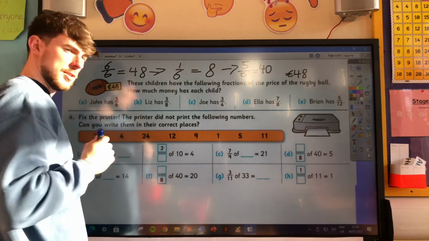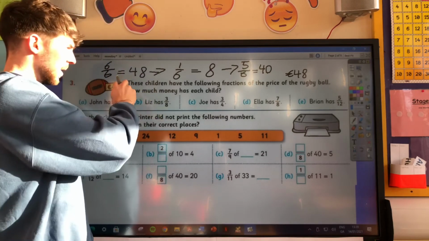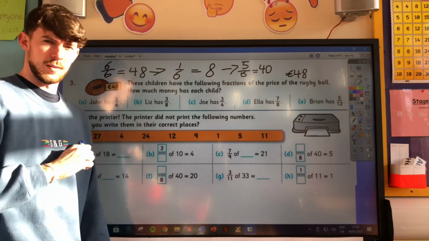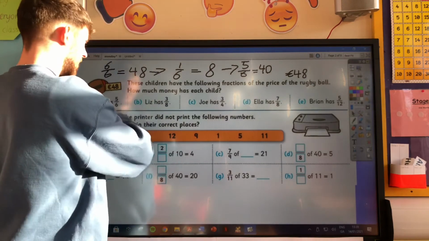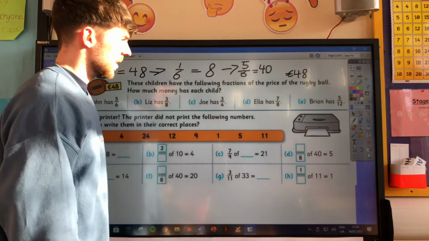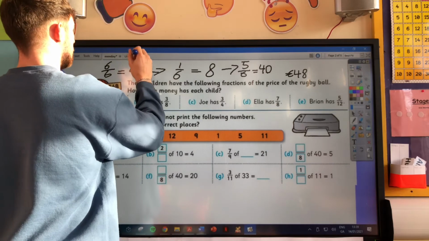So you're going to write this into your copy. John has 5/6, and we're going to break it down this way. We're going to say 6/6 is equal to 48, 1/6 is equal to 8, and then 5/6 is equal to 40. I'm going to show you how I want you to do this.